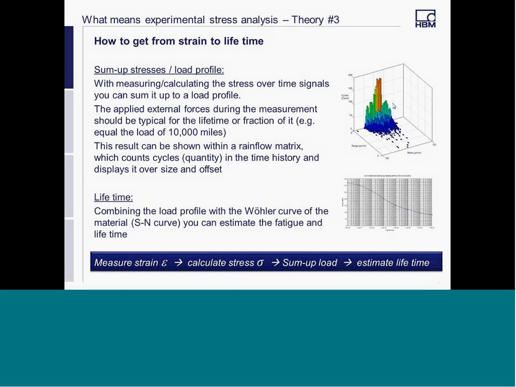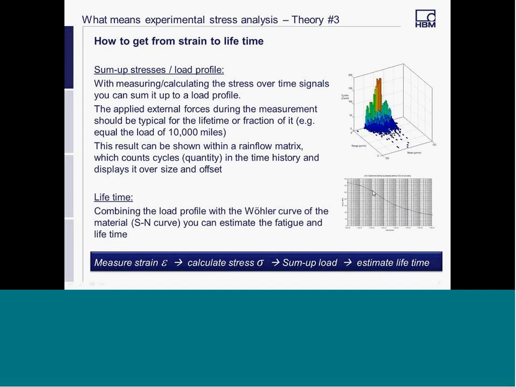The second step is putting that summarization of the stresses into the Wöhler curve. The Wöhler curve, also known as the SN curve, describes when a material breaks. So how many cycles a material can withstand, depending on the stress level.